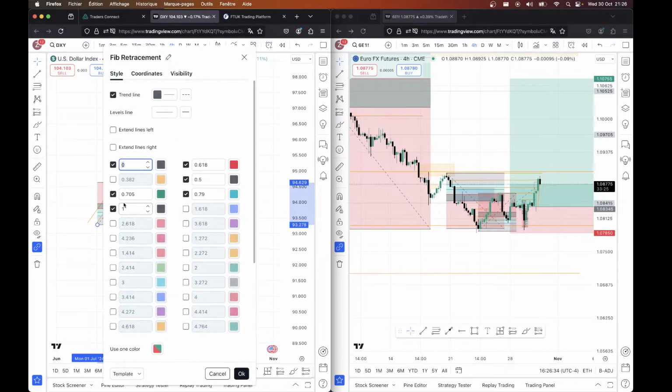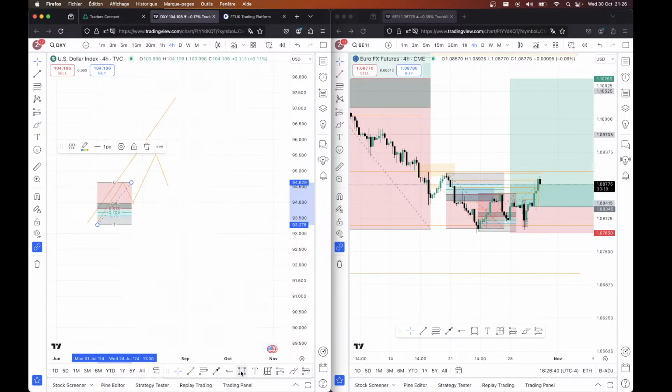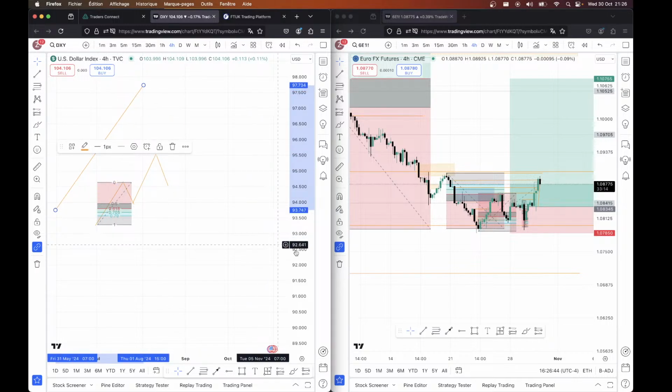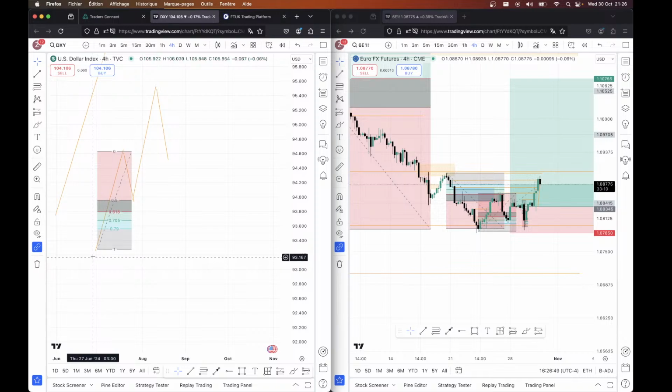Just to show you how I do that, I will show you the levels next. Let's zoom that. I'm taking the Fibonacci retracement from the low to the high, and I expect price to go into this zone. Even if it's a wick, I don't care.